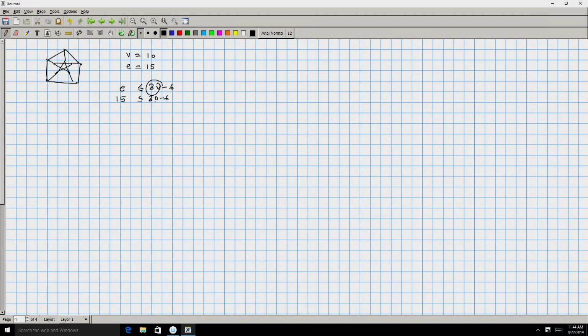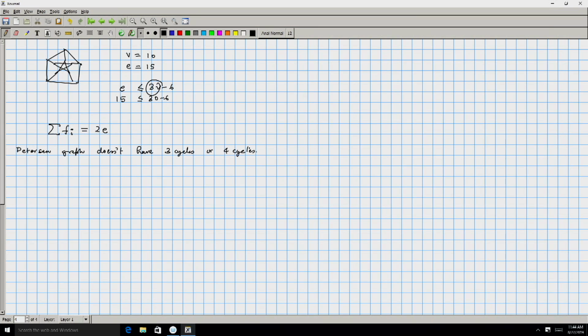But here what we can do is look at the original condition that says the summation of fi over all faces is equal to 2e. Here there are no 3 cycles or 4 cycles in the Petersen graph.